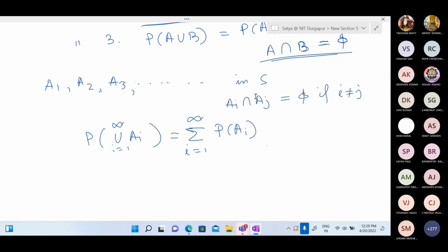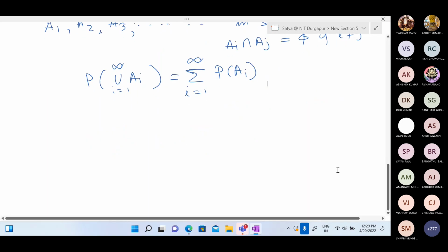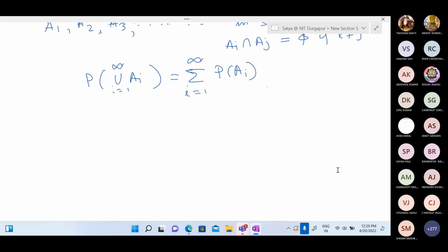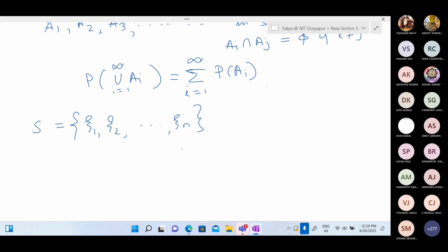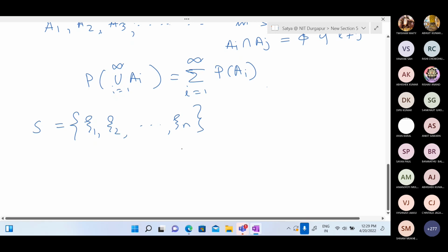Suppose sample space S is finite, and we take it like this: zeta 1, zeta 2, dots, zeta n. As in the previous two examples, for cards it is 52 and for dice it is 6. For cards the output can be 1 or 2 or 3 like that, up to 52.